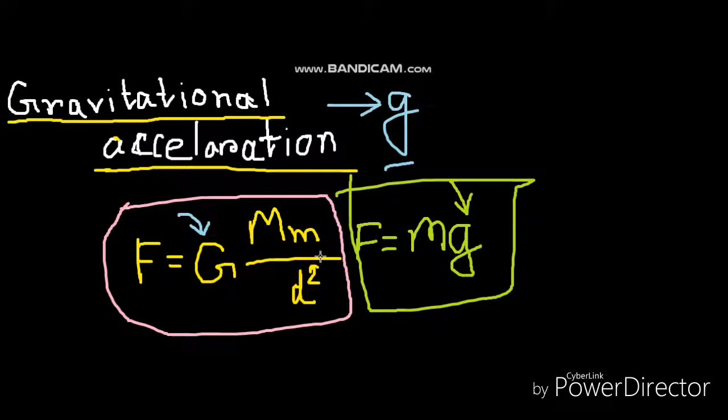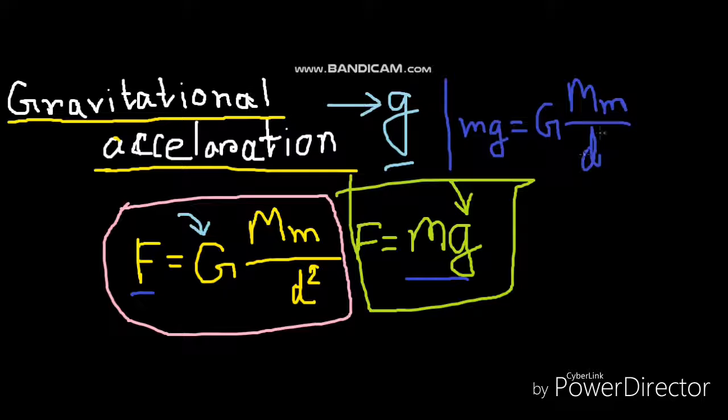So from these two equations, let's replace the force F here with mg, because the force means m times g, or mass times gravitational acceleration. So we can easily replace the force here with mass times gravitational acceleration, and this will give us this. So mass times gravitational acceleration equals gravitational constant times M, the mass of the earth, and the mass of the other object, divided by d square.